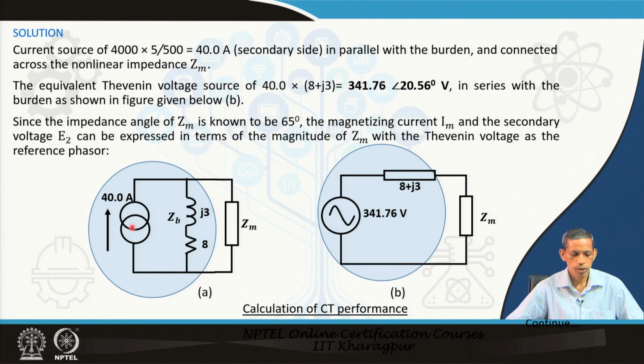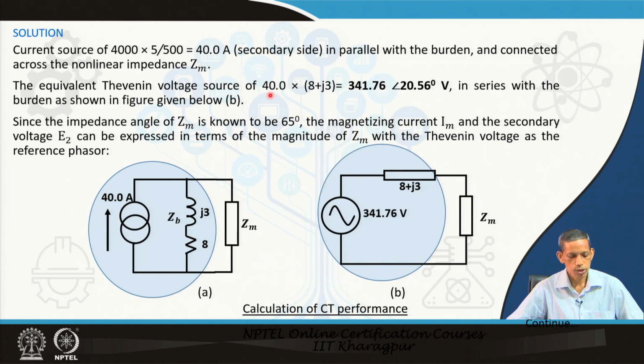This 40 ampere current is the input to the CT, and in the CT secondary equivalent circuit we have the branch of Zm, the magnetizing current, and Zb, the burden impedance. The burden impedance is already given here as 8 + j3, and Zm is unknown to us in this case.